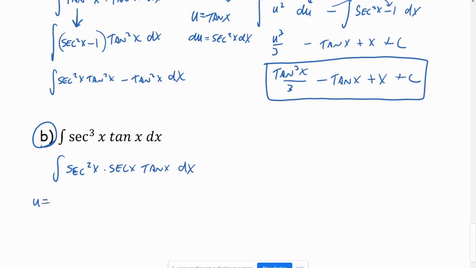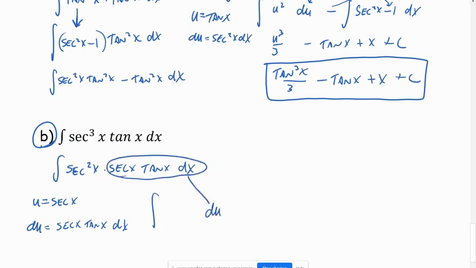We can say u is equal to secant x, du is equal to secant x tangent x dx, which is exactly what we have here. So this is going to become du, and this is going to be u squared. And so then we just get u cubed over 3 plus c, which is secant cubed x over 3 plus c.